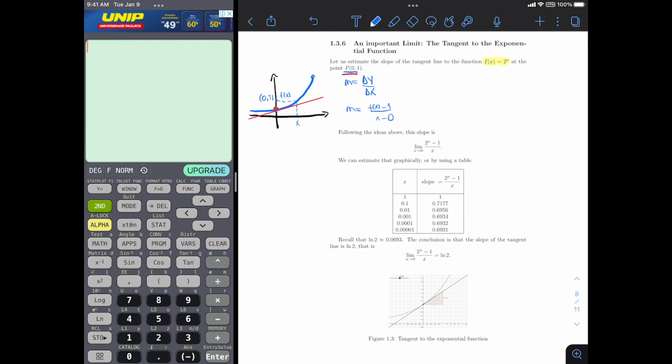And then this is the slope of the secant line. The slope of the tangent line is the limit of that as x approaches 0. So that will be the limit of f of x minus 1 over x as x approaches 0, and f of x, we know, is 2 to the xth. So that's the limit that we end up with, and that's what I have at the bottom there.